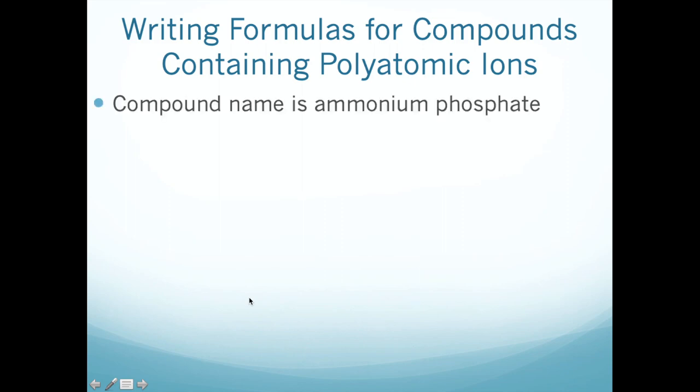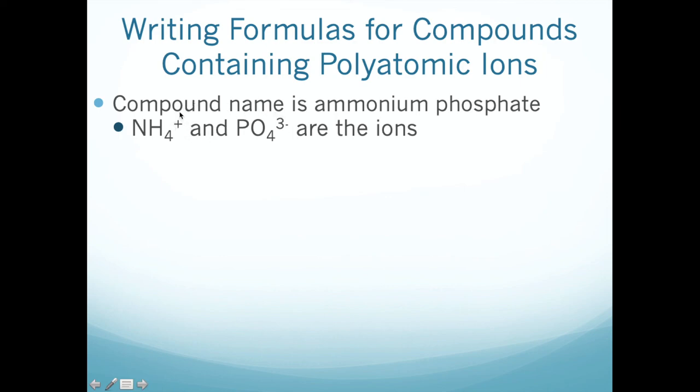If you want to try a practice problem involving 2 polyatomic ions, a good example here is ammonium phosphate. So if you look up ammonium, okay, which again hopefully you'll start to memorize as the only positive polyatomic ion you need to worry about, and you look up phosphate. Phosphate is PO4 with 3 minus charge. You can balance these out as normal, right?